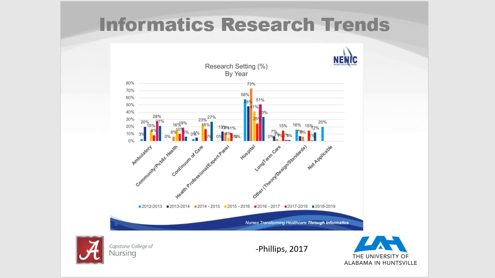You can see the different settings that they noted: ambulatory, community, public health, continuum care, health professional, expert panel, hospital, long-term care, other, and then not applicable. And you can see the majority of the literature, and this was from 2012 to 2019 overall, but the majority of this is related to research that has been conducted in a hospital setting.